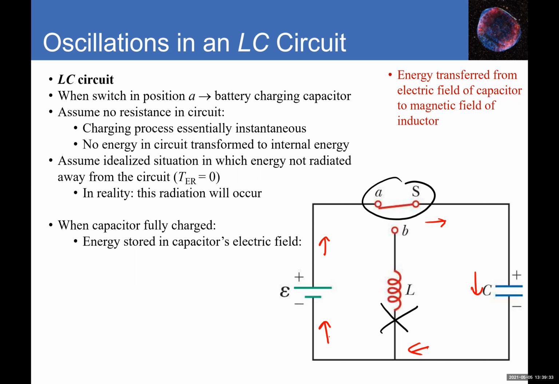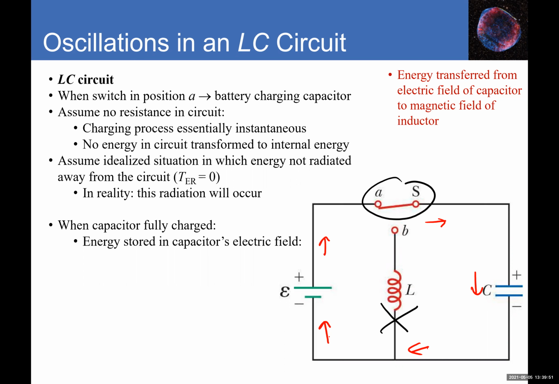There's also basically no inductor at this part, because the inductor is pretty much out of the circuit because of the way we designed the circuit. And what we're going to have here is just the process of charging the capacitor.